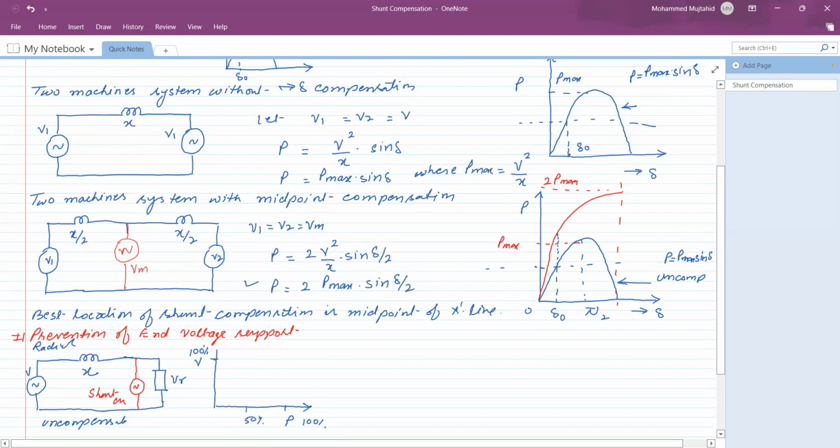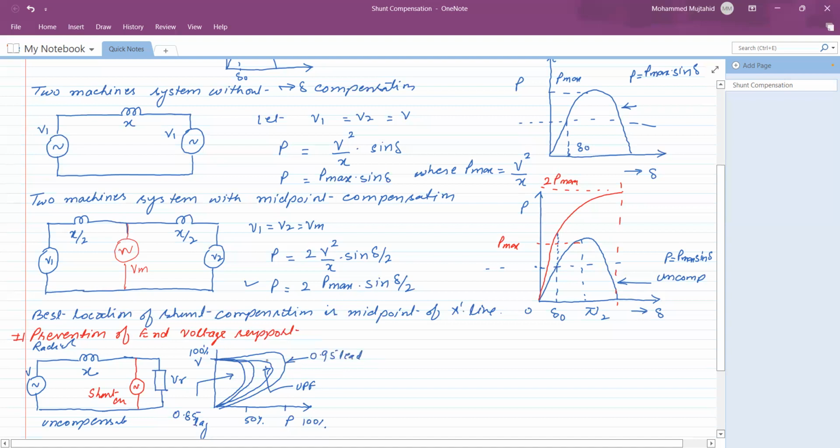So under such condition, the curve which depends upon the power factor collapses earlier. This curve is for power factor 0.85 lag, whereas this is the unity power factor, and whereas this is 0.95 lead power factor.